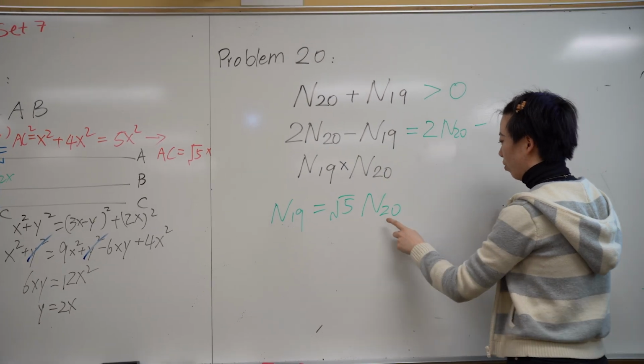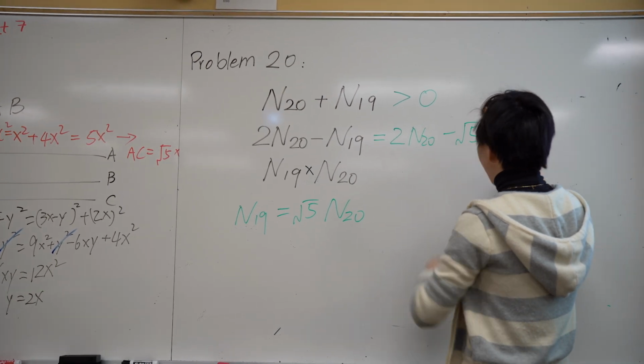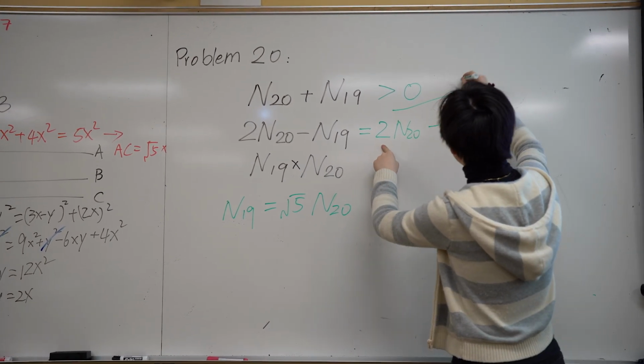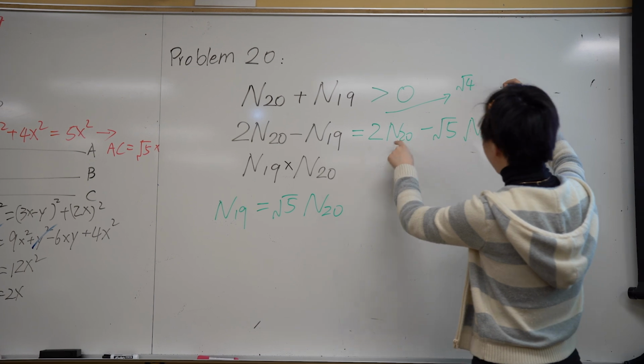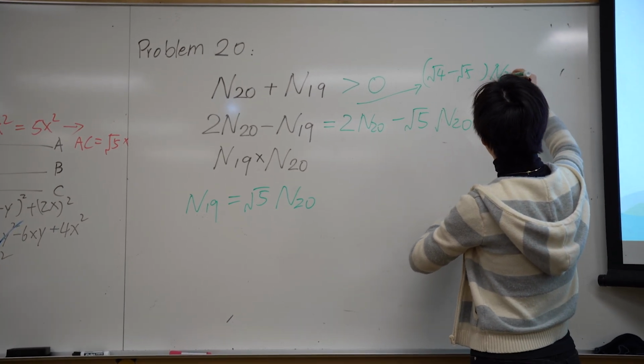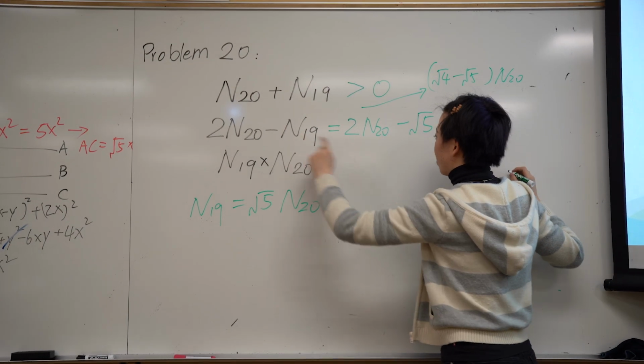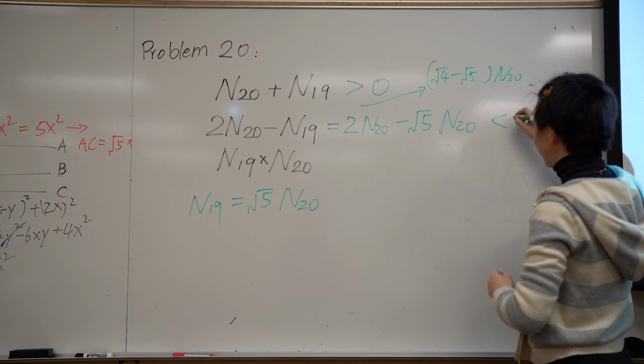Remember, n19 is equal to square root of 5 n20. And 2 is basically square root of 4. And if we have square root of 4 minus square root of 5 n20, this part is smaller than 0, which means that this expression is smaller than 0.